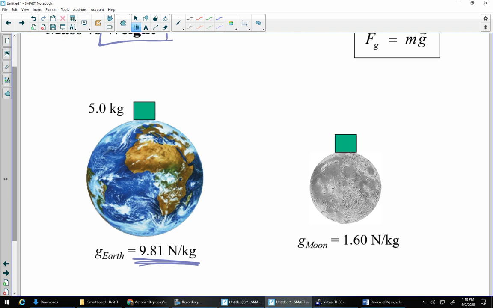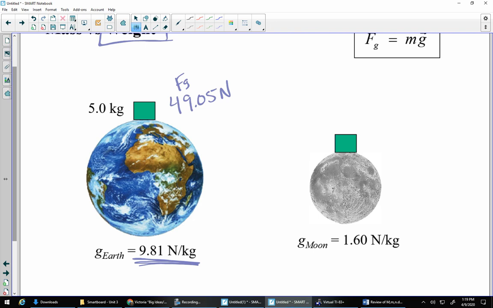We do 5 times 9.81. Don't actually know what the answer is off the top of my head. Let's grab a calculator. 5 times 9.81, 49.05 newtons is my force of gravity for that 5 kilogram mass.